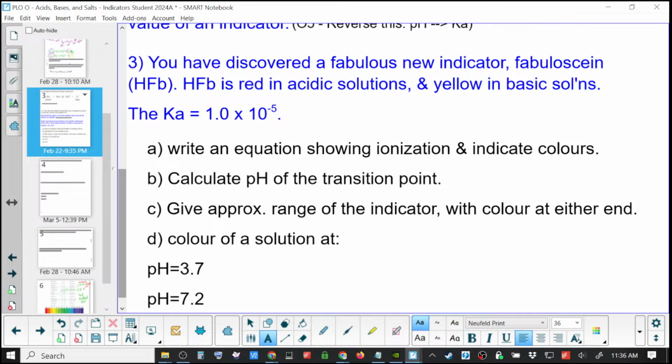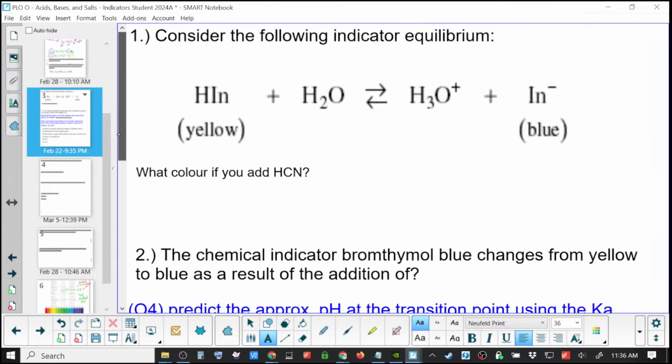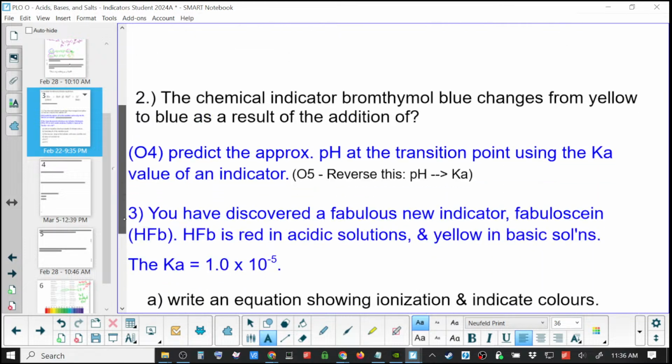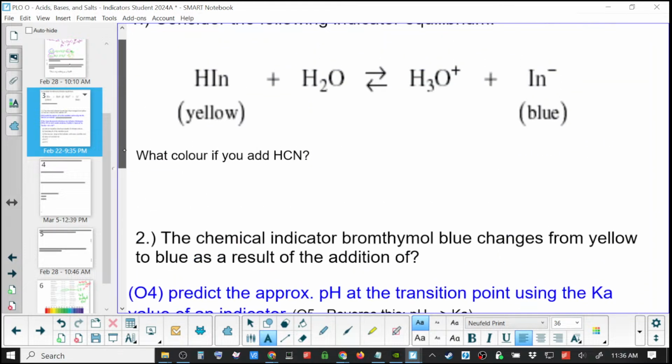I've given you the Ka, a nice simple Ka. Write the equation for the ionization, indicate colors, calculate the pH of the transition point, give the approximate range of the indicator, the color at either end, and the color of the solution in those two pHs. So, first one: what color, and what to add to make it that, and then a separate question with all those things.